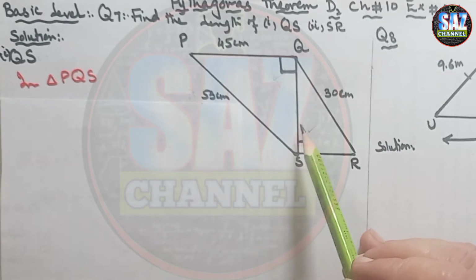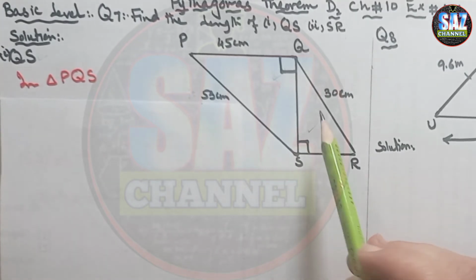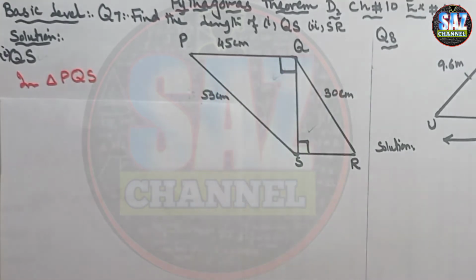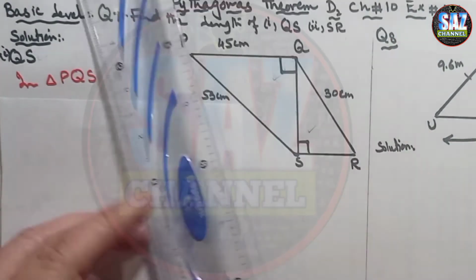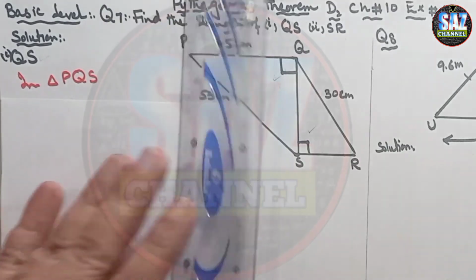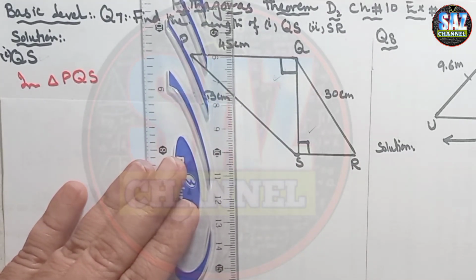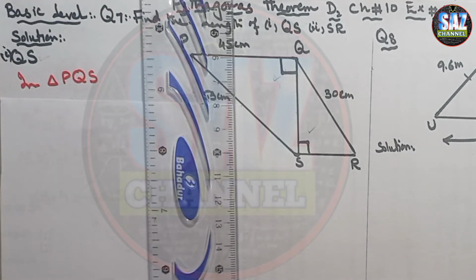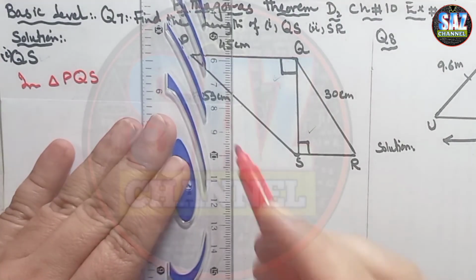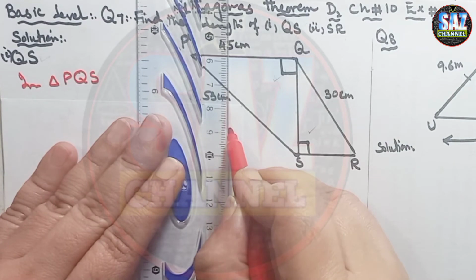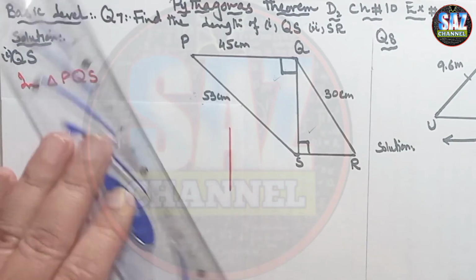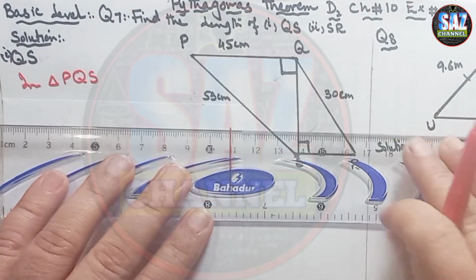So in the beginning, I have to take the triangle PQS. It's always good to draw a small figure for reference so that the examiner can understand your working well. So first of all, I'm going to make a small triangle to show which part of the diagram we are taking for the first unknown of the question, that is QS.